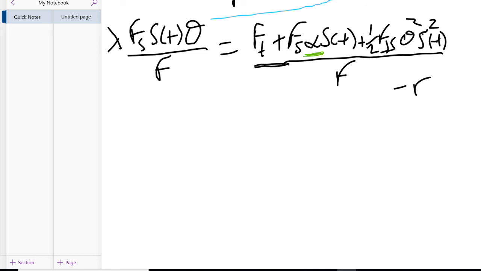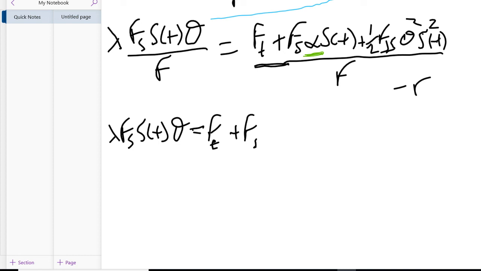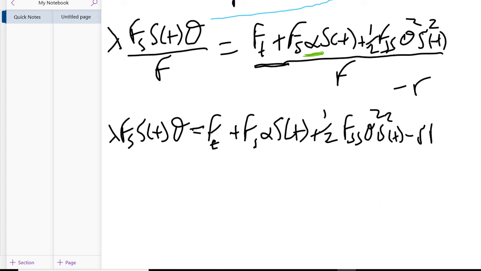So multiply everything through by f, leaving you with lambda first derivative with respect to s, s t sigma equals f first derivative with respect to t plus s alpha s t plus 1/2 f ss sigma squared s squared t minus r f.